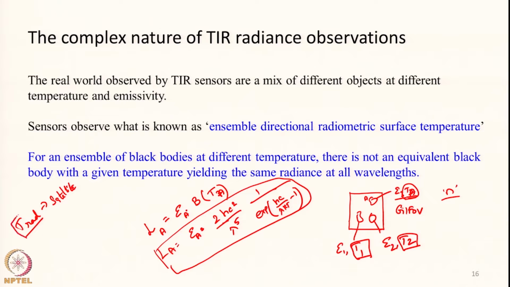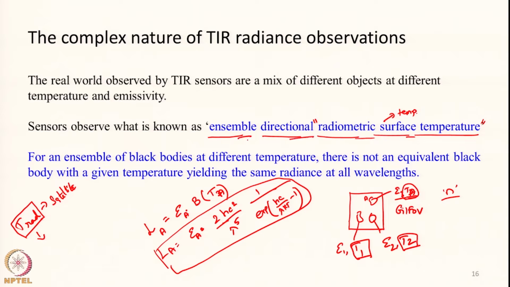And this satellite based temperature, since it is coming from several objects, strictly speaking we call it the ensemble directional radiometric surface temperature. So, just imagine, this radiometric surface temperature is the simple temperature we calculate from the satellite. What is this ensemble and directional?